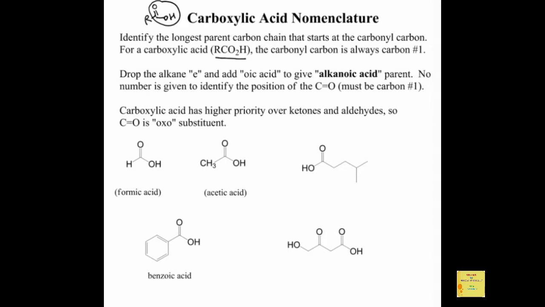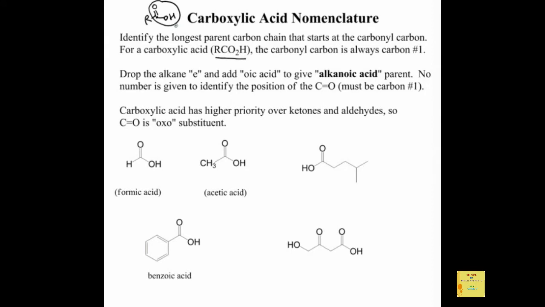And it'll be named as a carboxylic acid. So it must be at the end of a carbon chain because the oxygen stops the carbon chain. So once again, kind of like the aldehyde, the carboxylic acid defines the beginning of the carbon chain, and we number from that point onward to decide how long our parent chain is.